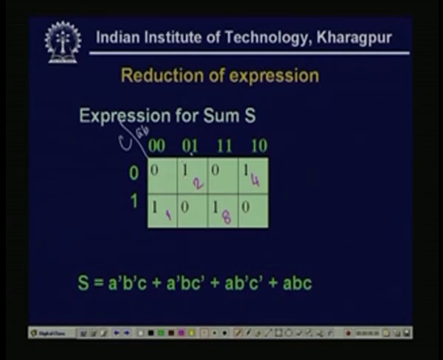For 1 it is A dash, B dash, C, then A dash, B, C dash for minterm 2, then A, B dash, C dash for minterm 4, and A, B, C for the last minterm. So, this is the expression for the sum.